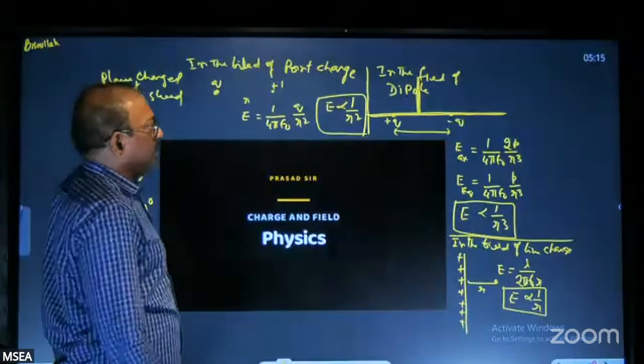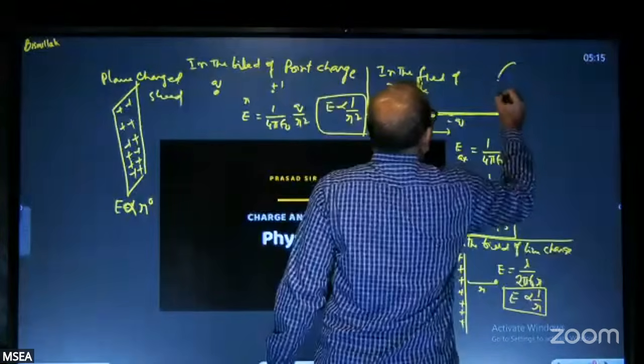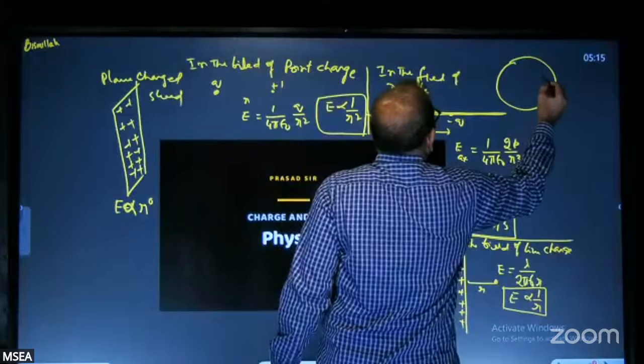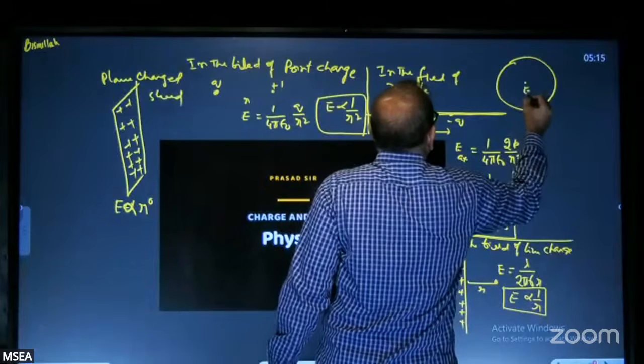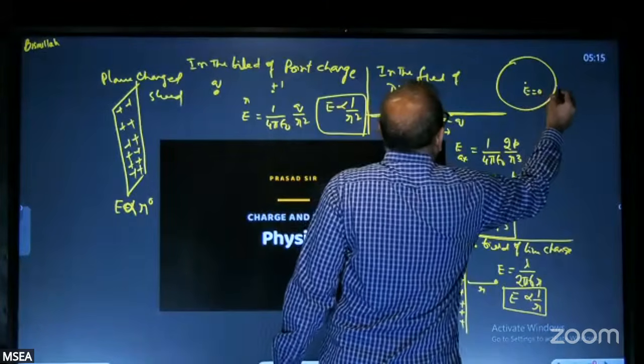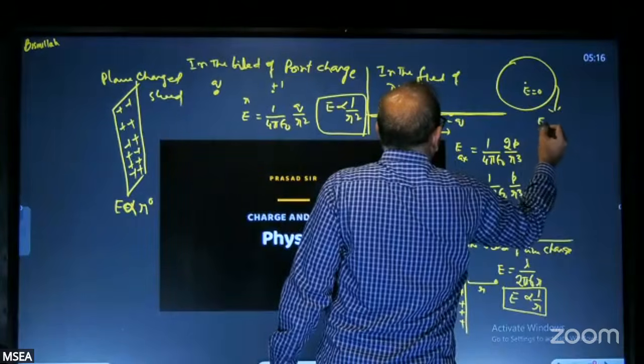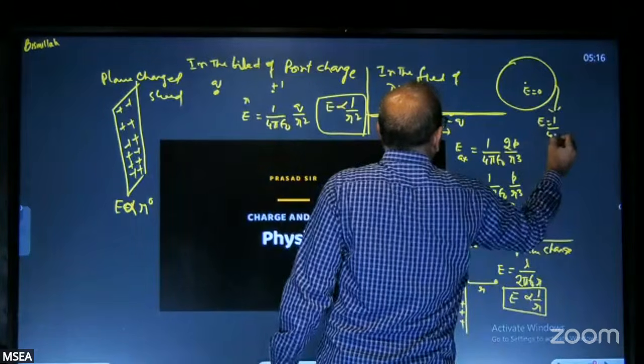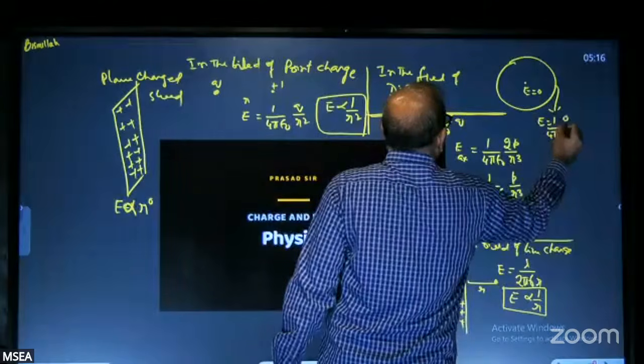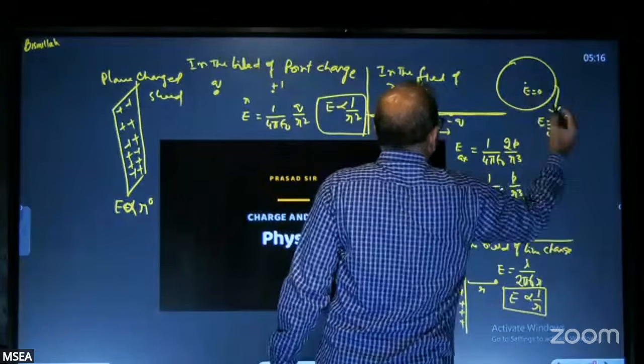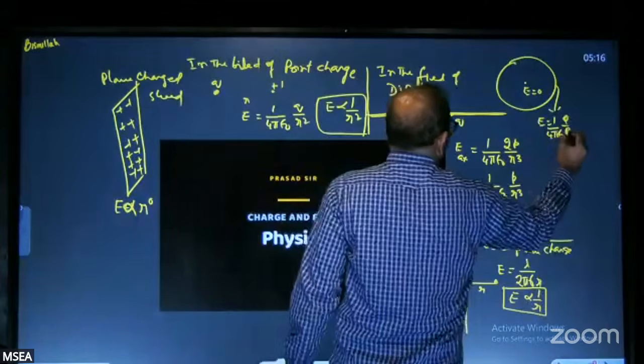And similarly, in the field of a hollow charged sphere, inside at any point intensity is 0. At any point on the surface, intensity is 1 by 4 pi epsilon naught, charge on the sphere by radius of sphere square.